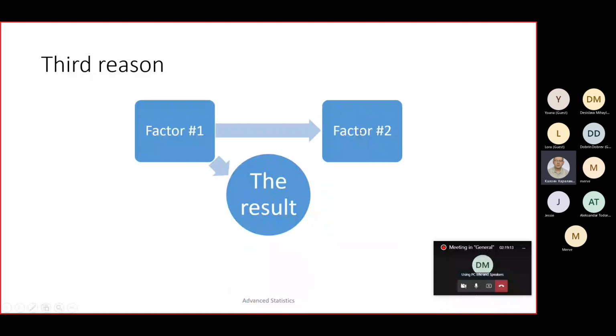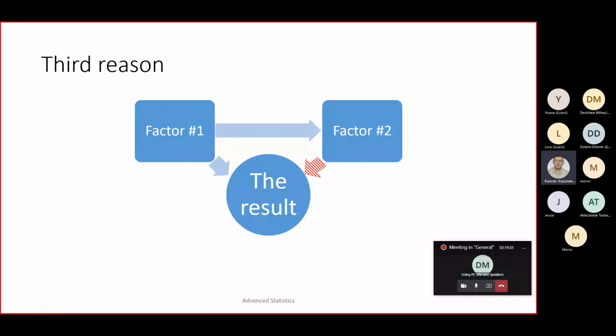But since both factor 2 and the result are results from factor 1, between them maybe there will be a relation.